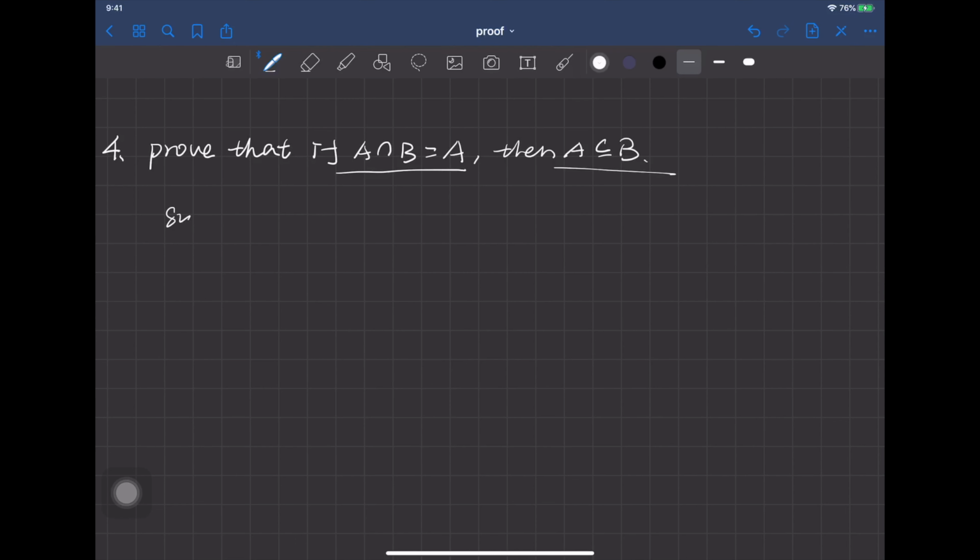So we can still suppose X is an element of A. Now, obviously, X is also an element of the intersection of A and B. Why?